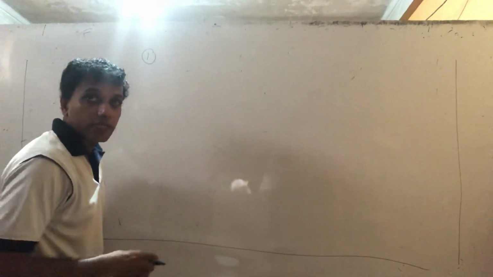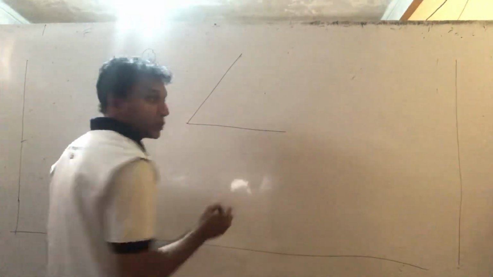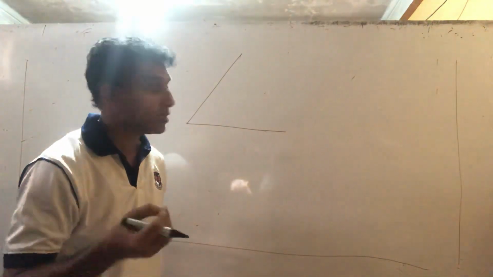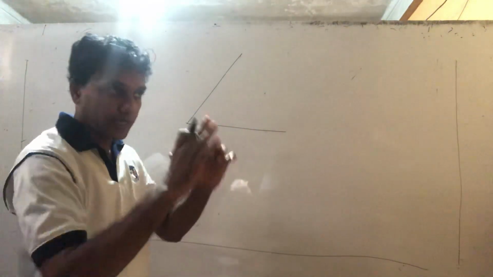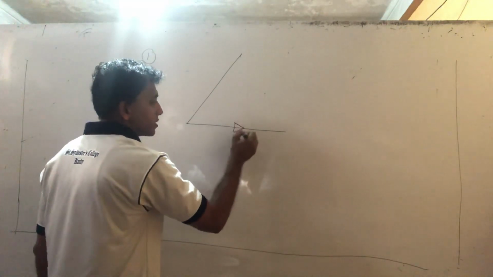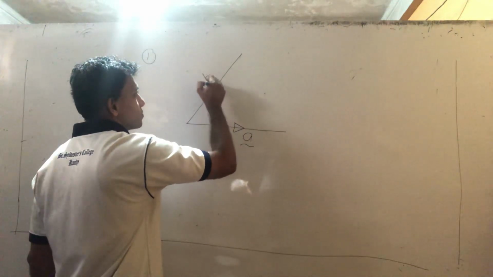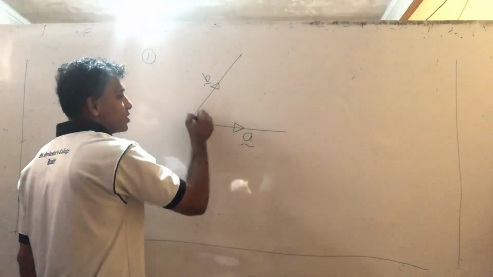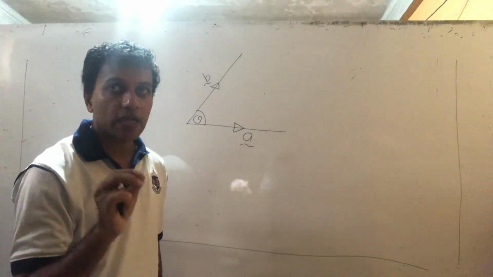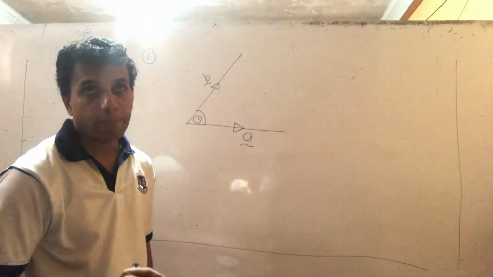So what is the scalar product? How to define that? You take two vectors, vector A and vector B, and the angle between them is theta. You state that the two vectors are A and B and the angle theta between them.